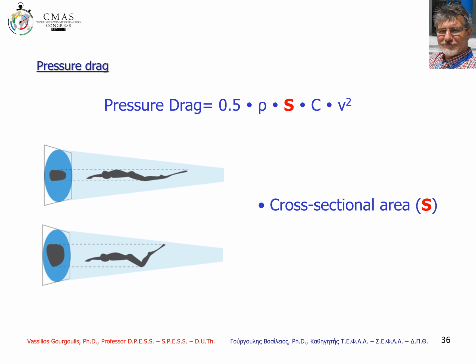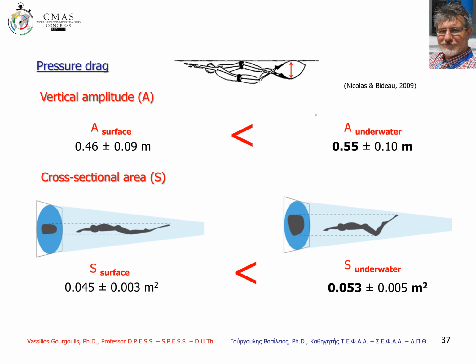Since the monofin swimming motion is undulatory, the cross-sectional area of the body, the projected frontal surface area, S, changes during the stroke cycle, as you can see in these two key events. In underwater fin swimming, the vertical amplitude of the trailing edge is higher than in surface displacement, and this leads to a larger cross-sectional area, inducing more pressure drag.